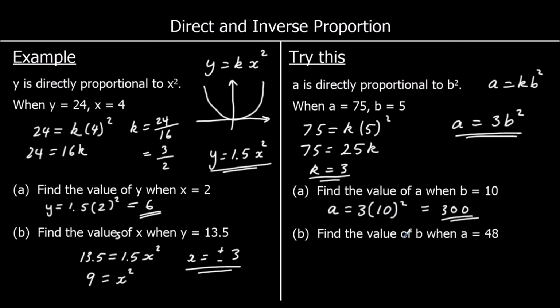So we have a is 48. So 48 equals 3b squared. Divide both sides by 3. So 16 equals b squared. And square root both sides. So b is plus or minus 4.